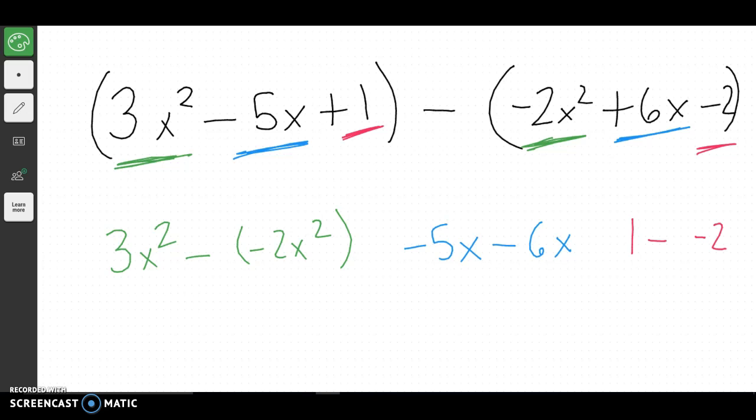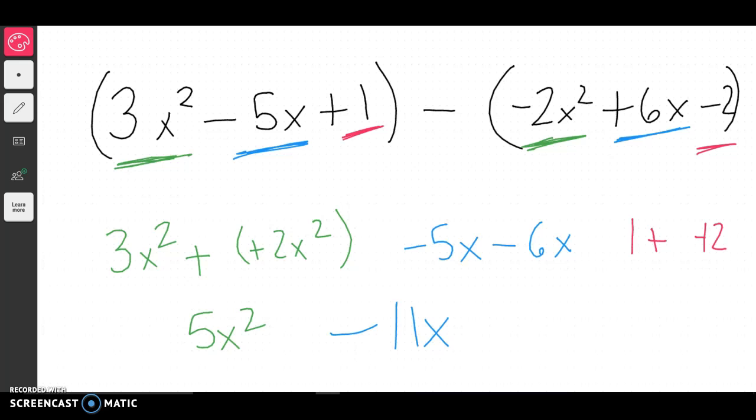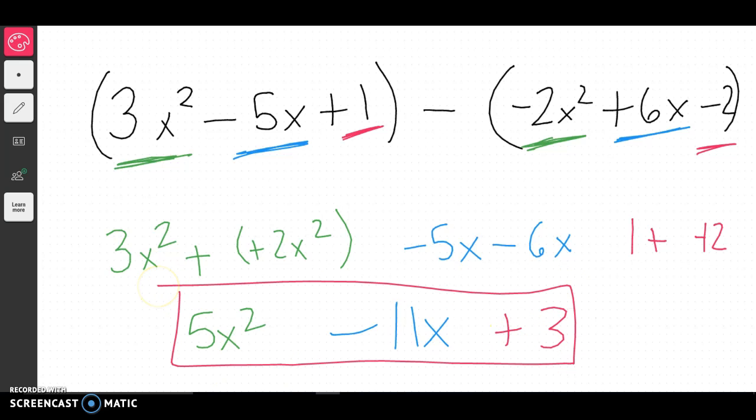Well, I have a negative negative. That's really positive. I have a negative negative again. That's really positive. So this one becomes 5x squared. The stuff in blue becomes negative 11x. And this stuff in pink becomes 3. And that would be my final answer. Again, I would really recommend that you rewrite the different things together.